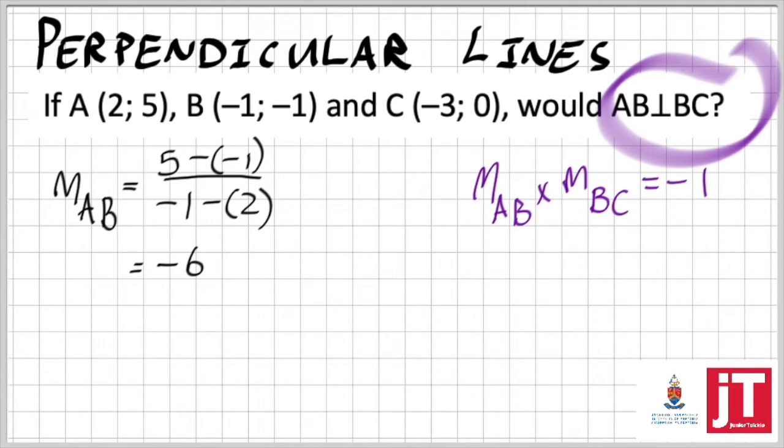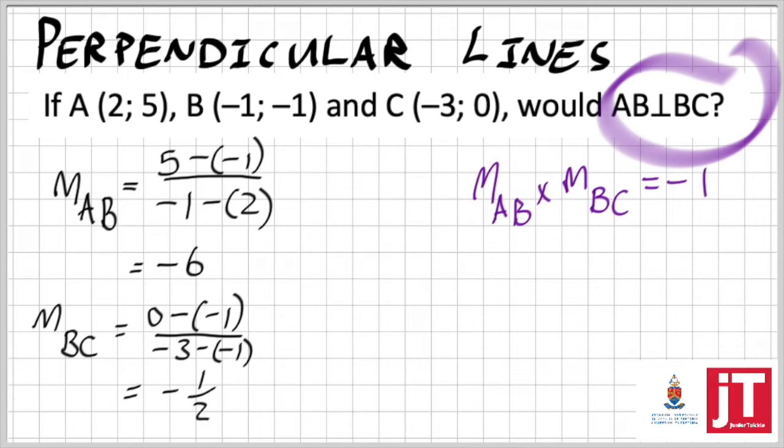If I get the gradient between B and C, by again using the gradient formula, y2 minus y1 over x2 minus x1, my answer is -1/2. Now let's go and multiply them like it says on the left-hand side of your formula.